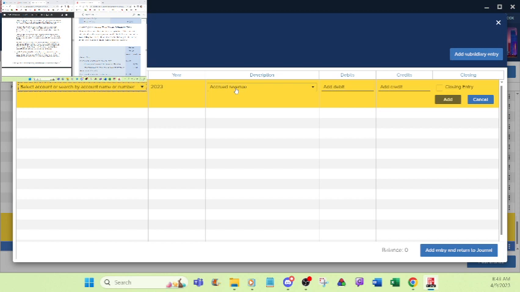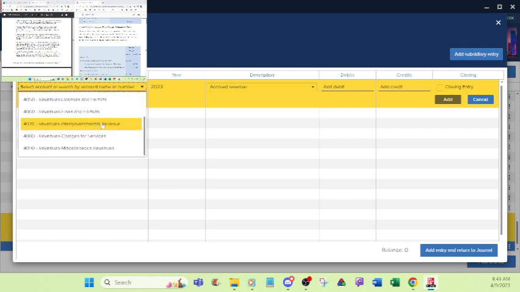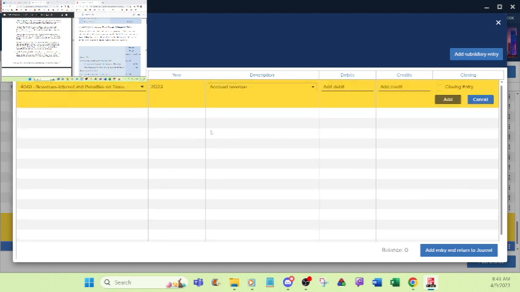Which one is it? Is it accrued revenue? This would be accrued revenue. It's funny how they never talked about this part, and it's not even in the book. Gosh dang it!